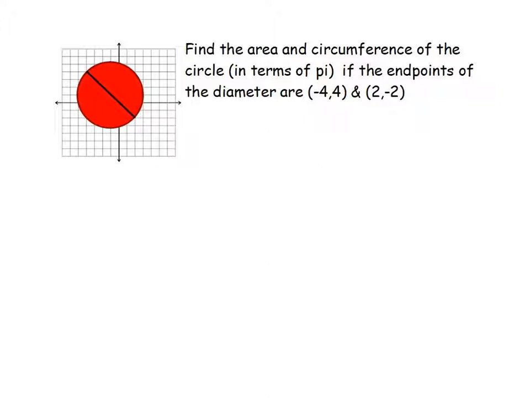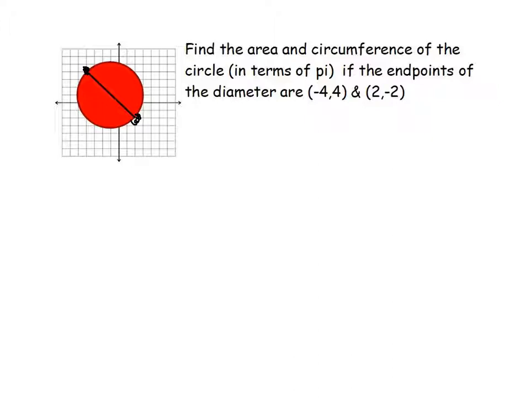Find the area and circumference of the circle in terms of pi if the endpoints of the diameter are, and I have them written there, but this is where they are, this spot and this spot. Okay, those are the endpoints of the diameter. All right, let's go ahead and find the length of the diameter.